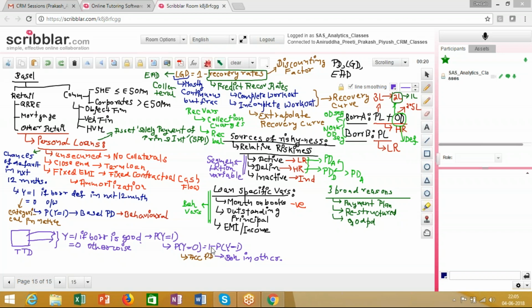Now, IFRS 9 is the provisioning regulation that banks are looking to get compliant to.